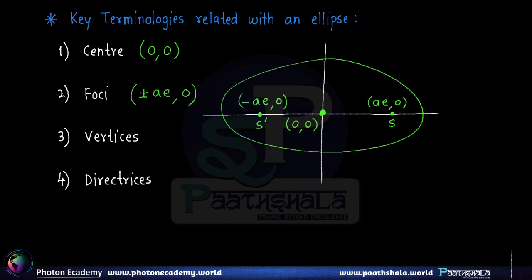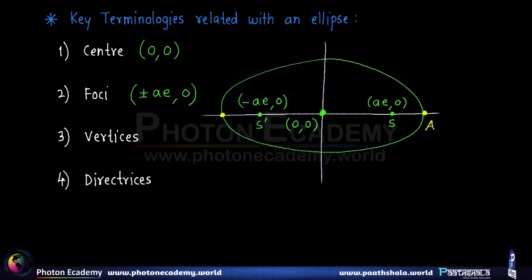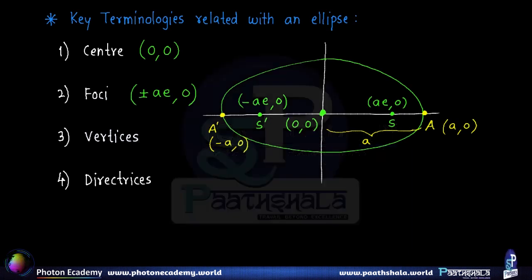Then vertices. Vertices are basically the end points of the extremities of the axis where the foci are lying. So we can denote these vertices as A and A dash. Since the distance from origin to the point A is nothing but a, the coordinates of the right extremity are A, 0 and that of the left extremity are minus A, 0.